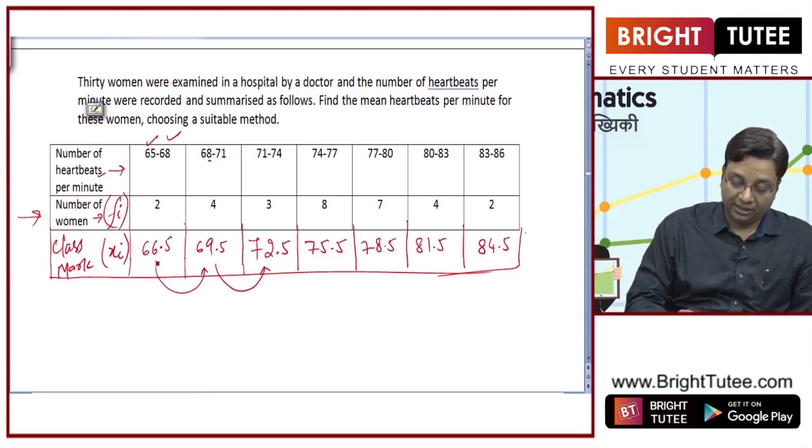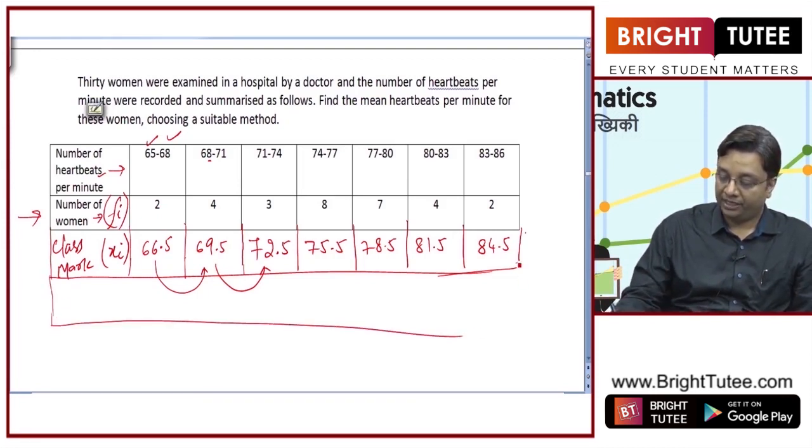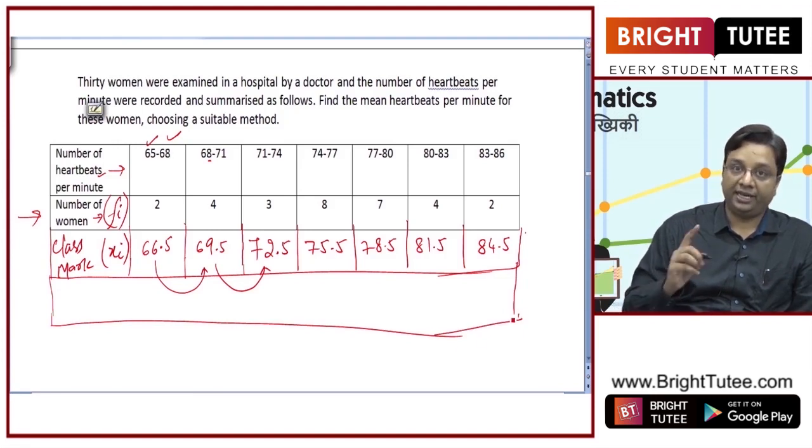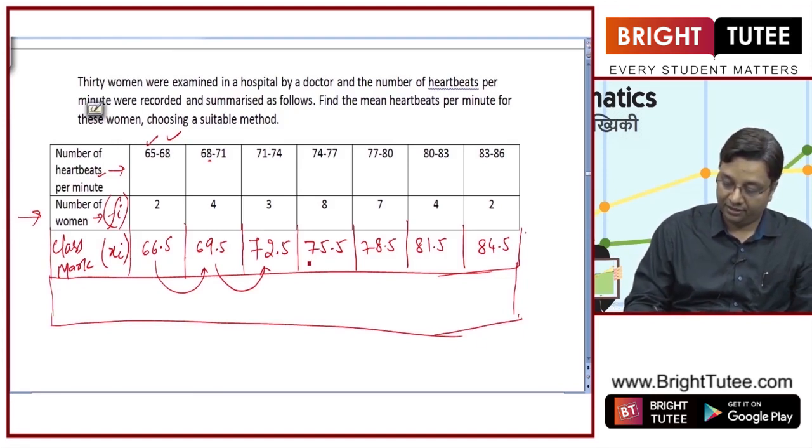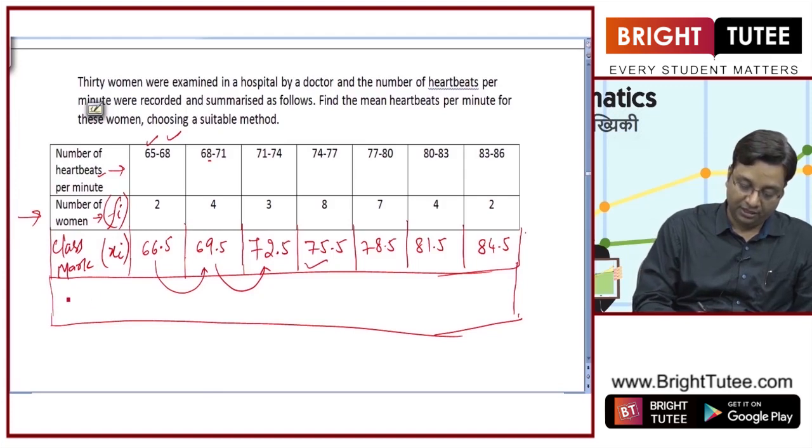Now you can notice that these are difficult to calculate. So if you want to calculate fi xi, it will be a little difficult. So let me assume a mean A as, let us say, 75.5. So I will calculate di, which is xi minus A. A in this case is 75.5.